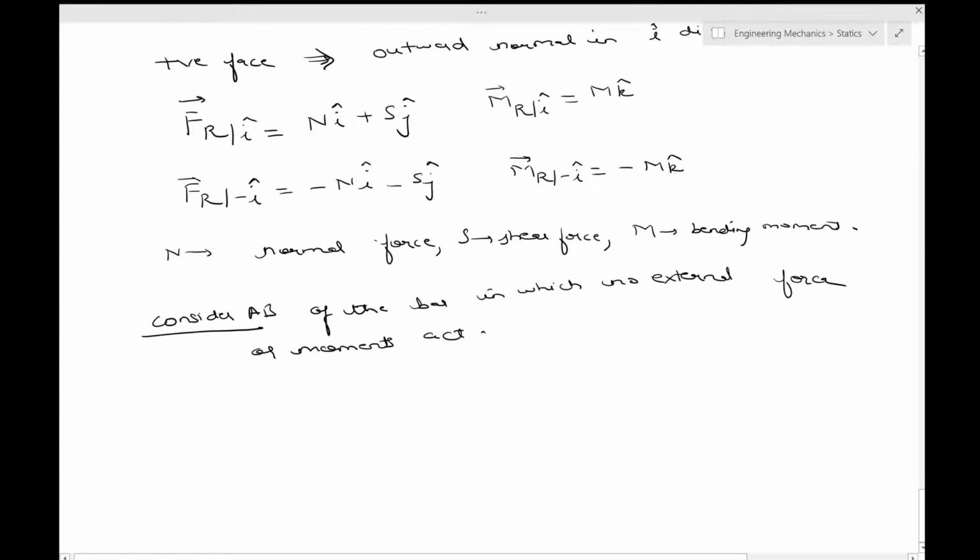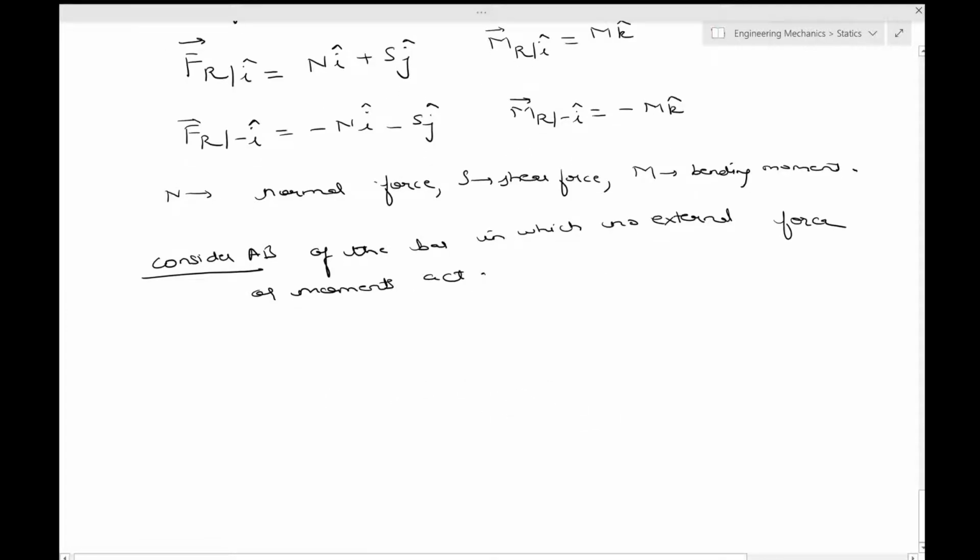Okay, so let me draw it for the CD part of it. I should at least try to draw it straight. So you have this CD part. So this will be what? X equal to x1, x equal to x2. Okay, over here we should have N of x2, we should have S of x2, and clearly we'll have M of x2.